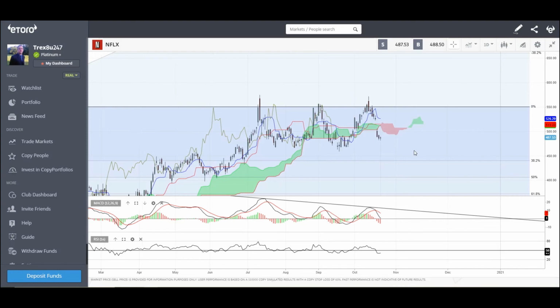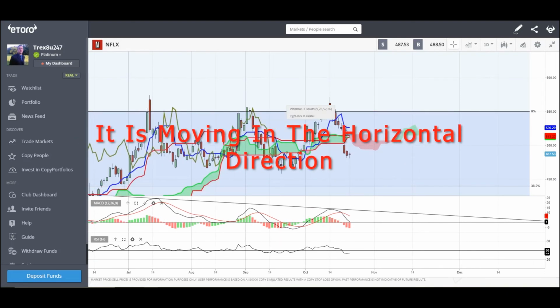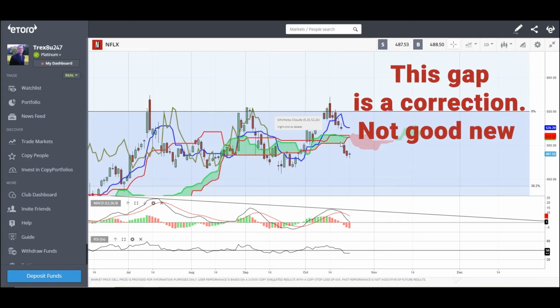When I say stable, it is moving in a horizontal line and it's not going up or down. This is a good indication for us. We should see some increase in the next week or two.